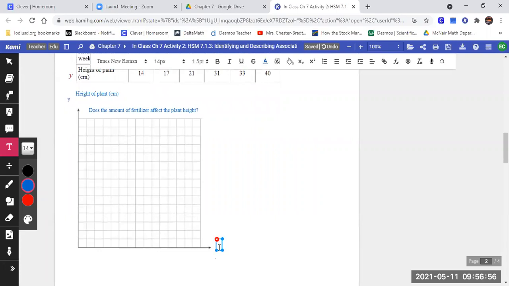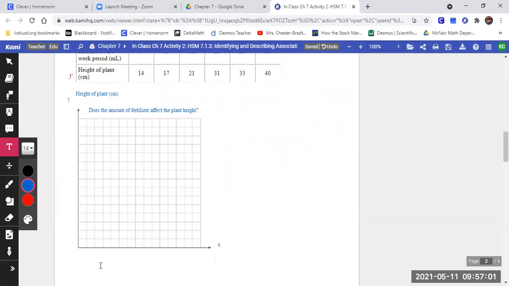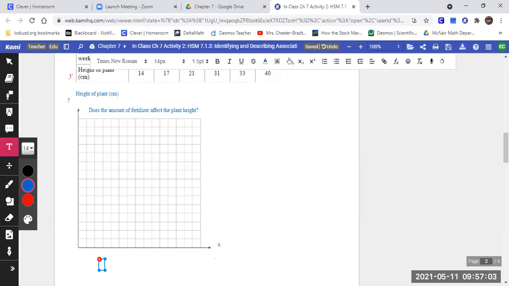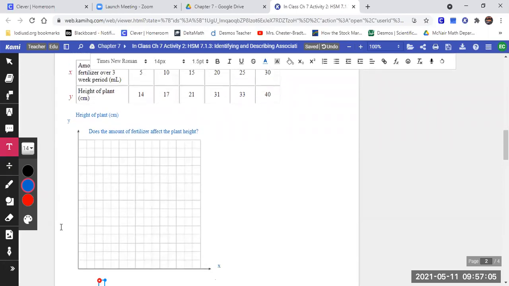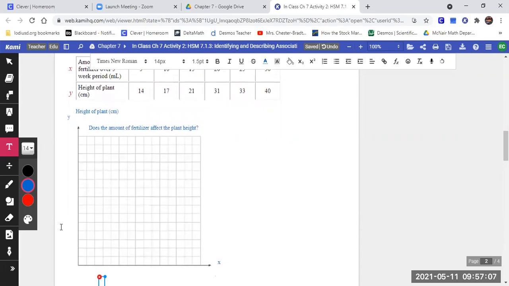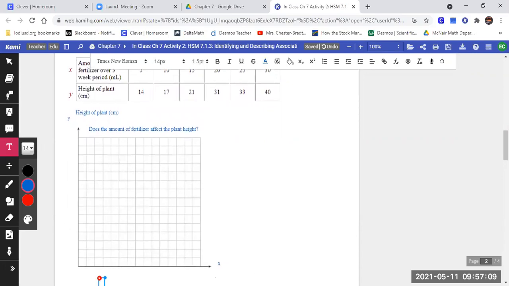Okay, so what are we going to say the X stands for? Because we know X goes sideways, right? What are we going to put down here for what the X stands for then? Exactly the words from the table, just like we did. So what are we going to put? So you're not reinventing titles to stuff. You're using what's already there, word for word.